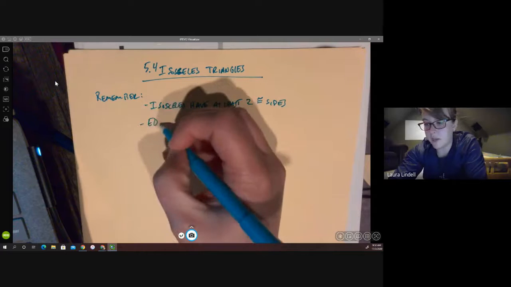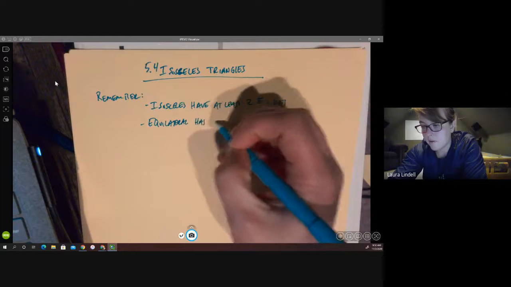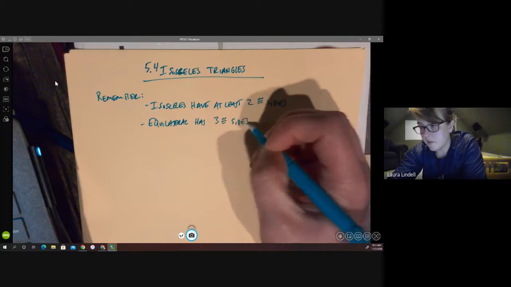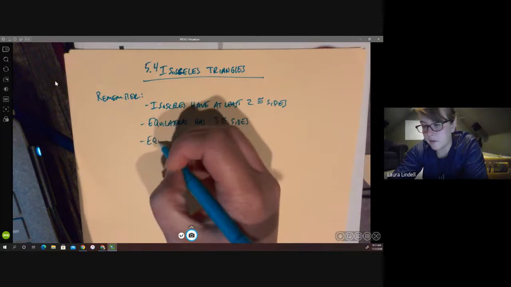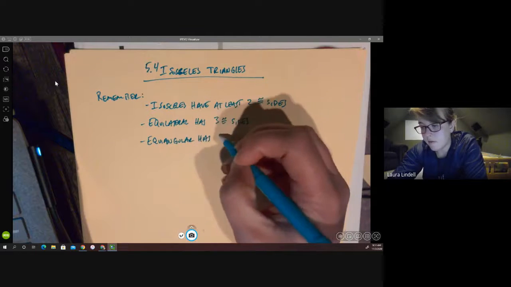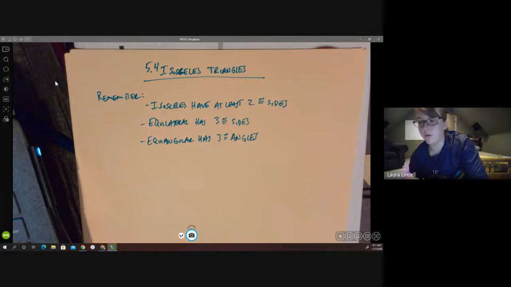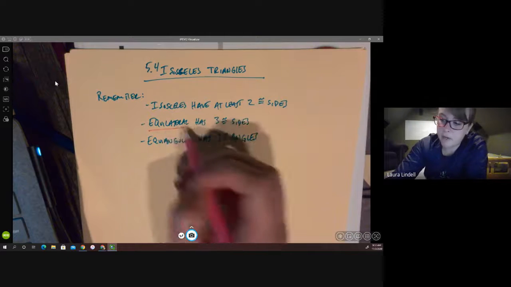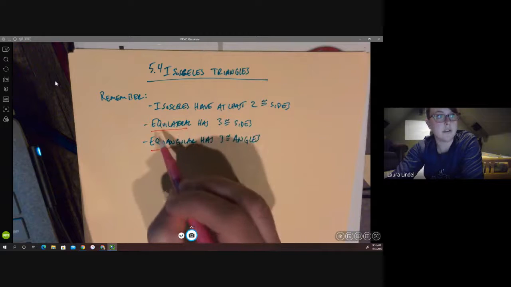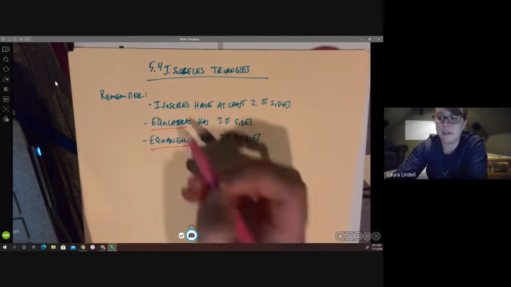And then we had equilateral, with all 3 congruent sides. And then we had equiangular, with 3 congruent angles. And then we briefly talked about how equilateral and equiangular go together. If something is equilateral, it is also equiangular. If something is equiangular, it is also equilateral. So that's going to come into play today.